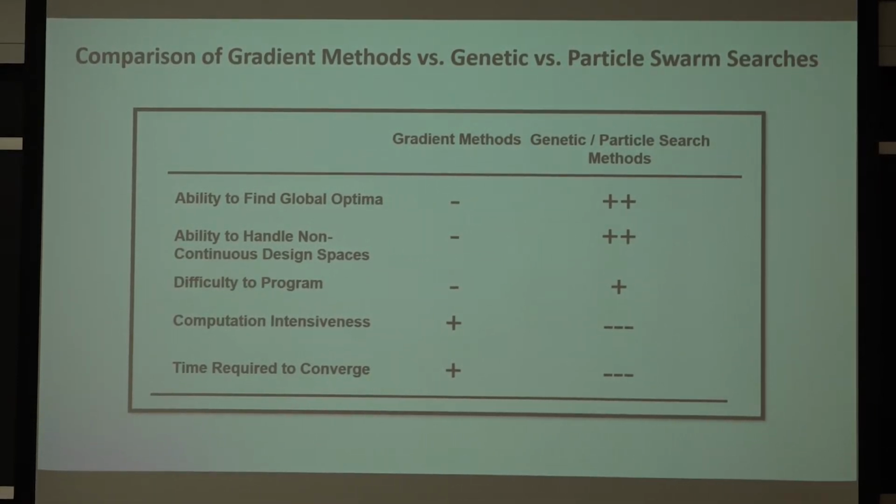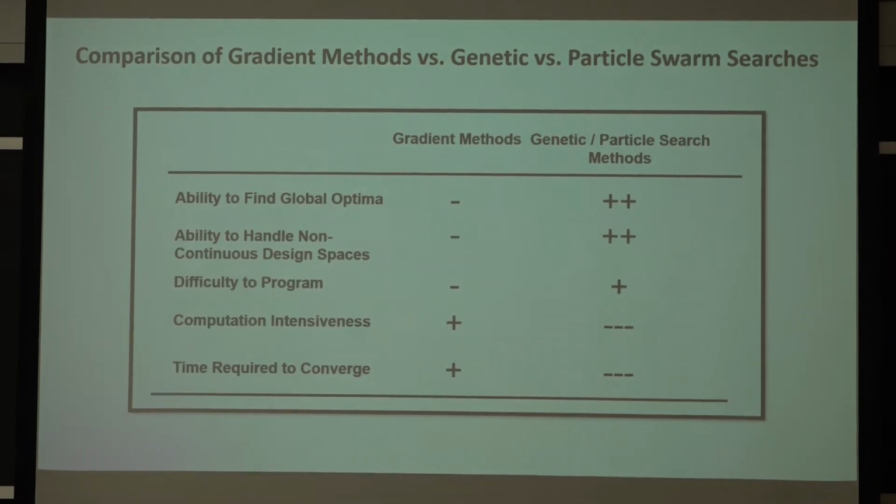Whereas with the gradient approach, I know I mentioned that you'll search from several different directions, but usually the number that you search from is nowhere near the number of bees or parents that you would use in the other two methods. Anyway, so the time to converge is better with gradient approaches, and like I said, from the software that I've used, it seems to be more popular as well.